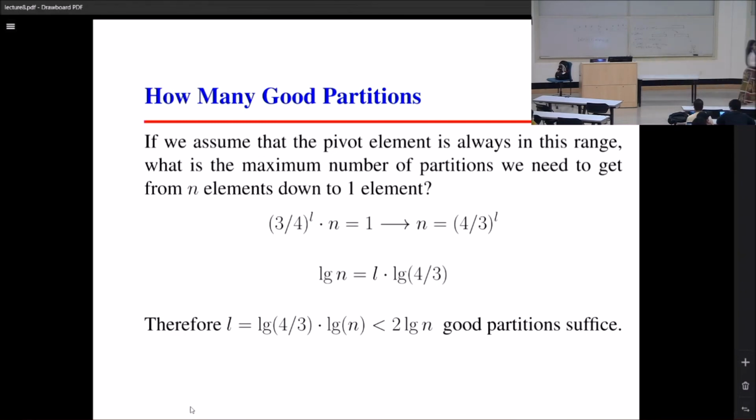Yes? L equals log n divided by... Yes, you're correct. It's actually log n divided by log of 4/3. Yes, thank you. But still, it's within a constant. So we will need O of log n good partitions to reach 1 element.